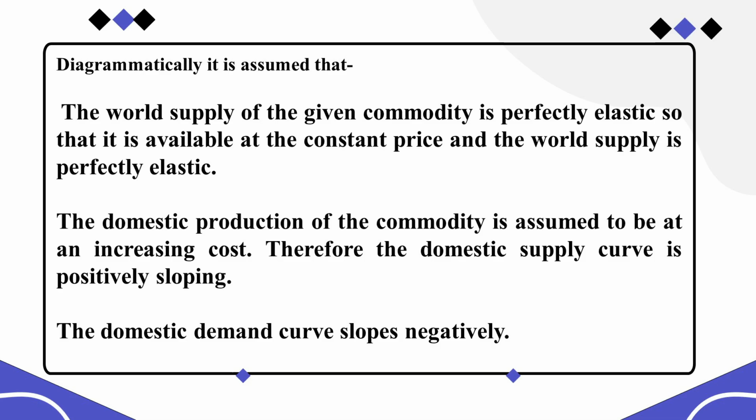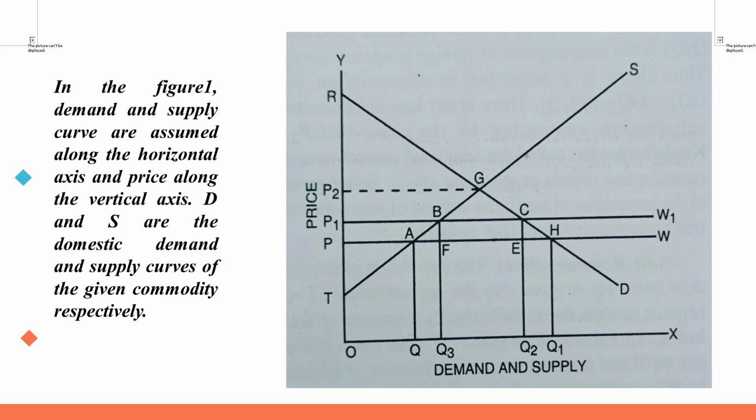The domestic production of the commodity is assumed to be at an increasing cost. Therefore, the domestic supply curve is positively sloping. It is obvious in the diagram. The domestic demand curve slopes negatively.